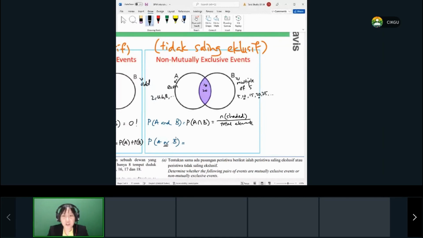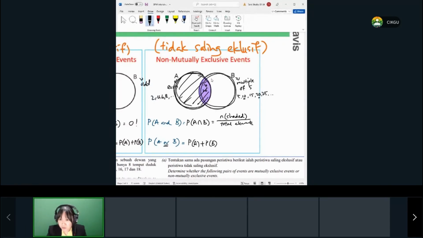So what about OR? Can I find the probability of picking an even number or a multiple of 5? This one can. A plus B can. But if you take A as this circle and add it with B, which is this circle, you notice that this overlapping part you've counted two times already. When you take A, all of these numbers are already here.